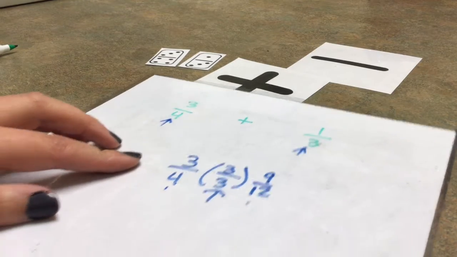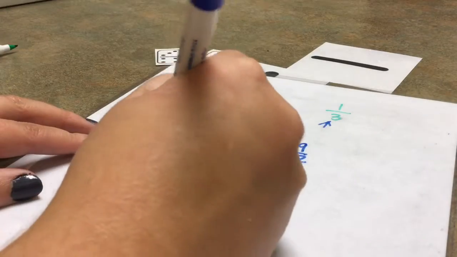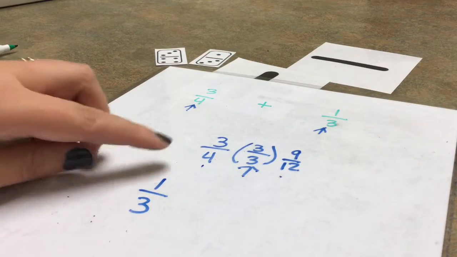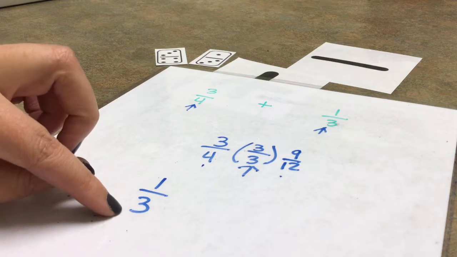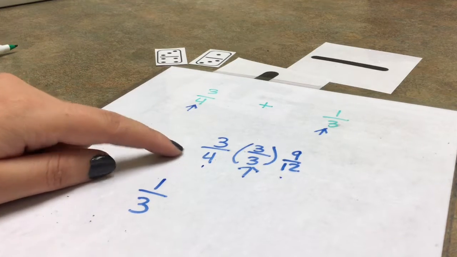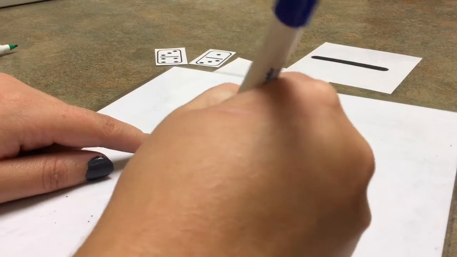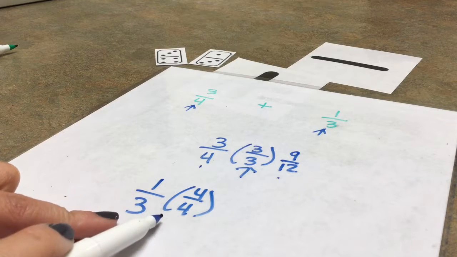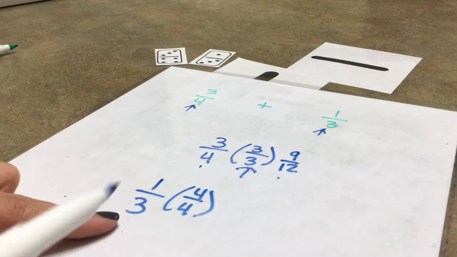So now let's move on to 1/3. So just like this first fraction, we have to make sure that our denominators are the same. So we need to multiply now by 4, okay? So remember, whatever we do to the denominator, we have to do to the numerator.